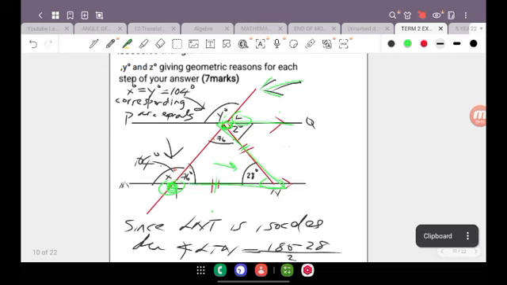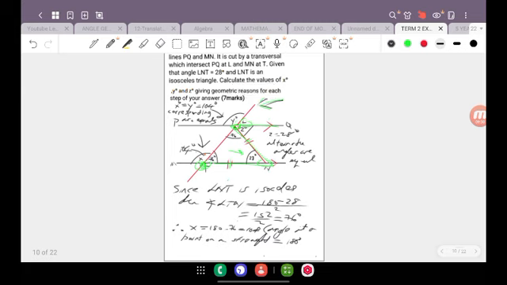And so we can easily state that angle Z is equal to 28 degrees. The reason for that is that angle Z is alternate with angle 28. So alternate angles are equal. That is exactly what CSEC would be looking for.